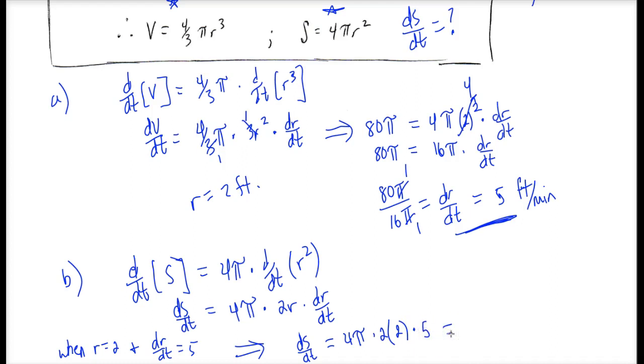All we got to do is multiply all that together. So we have 2 times 2 is 4, 4 times 5 is 20, 20 times 4 is 80. So we end up having 80 pi, and surface area here should be in feet squared, or square feet per minute. Surface area is area, and the rate is area over time.